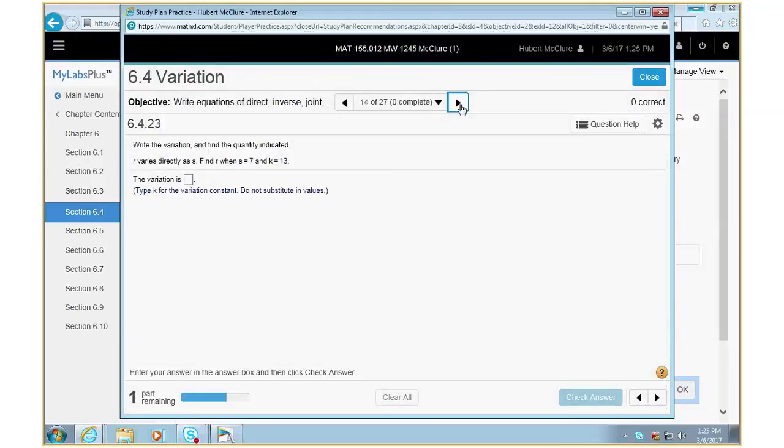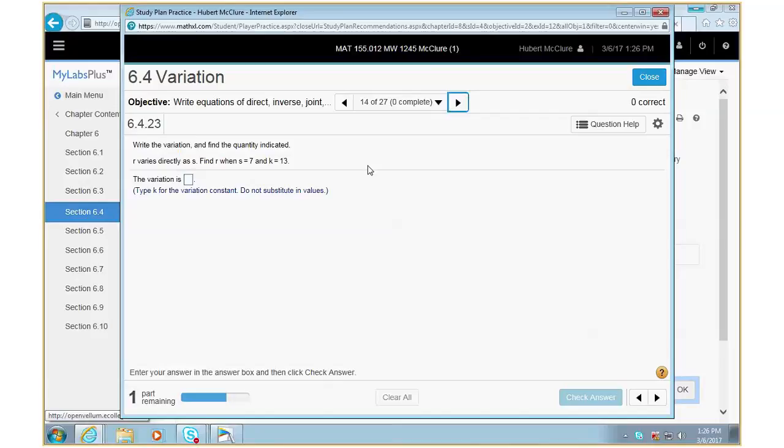Oh, these are busy problems right here. Okay? Now, read the question, and it says write the variation and find the quality indicator. R varies directly as S. So which one are you going to use? You're going to use direct. Now, which way do we read? We read left to right, correct?